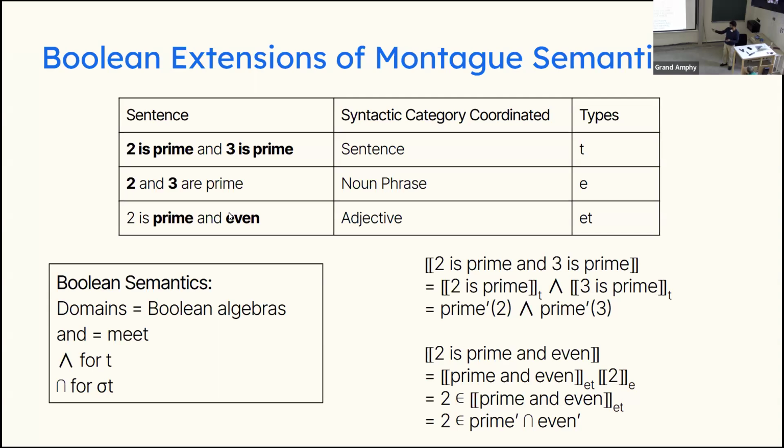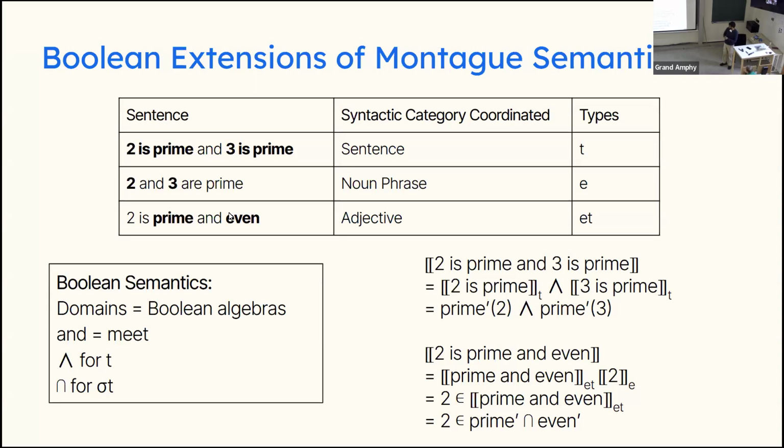For example, if we have the type T, then the meaning is just propositional conjunction. And if we have any type of the form sigma T, where sigma is any type, then the meaning is just intersection, because a thing of type sigma T can also be thought of as a set of objects of type sigma.